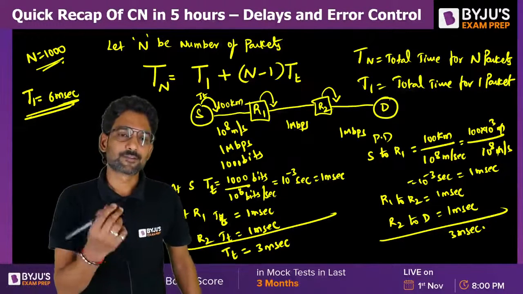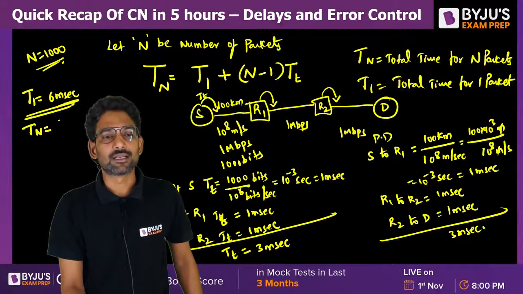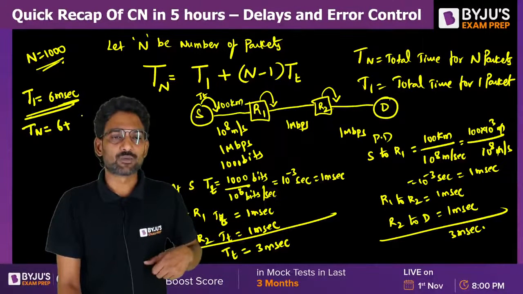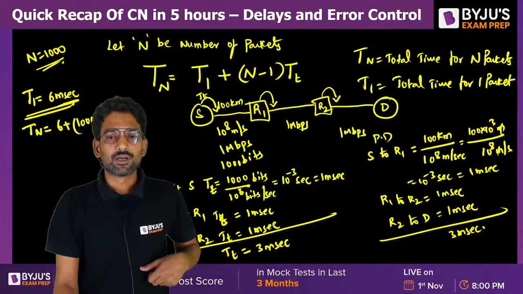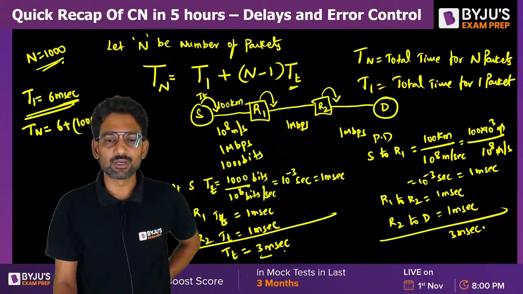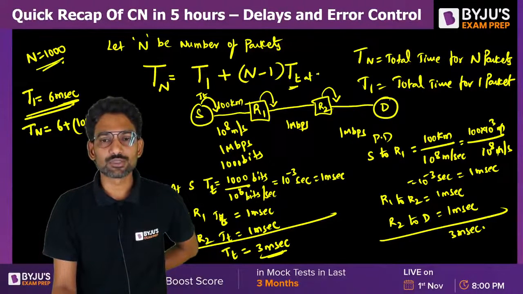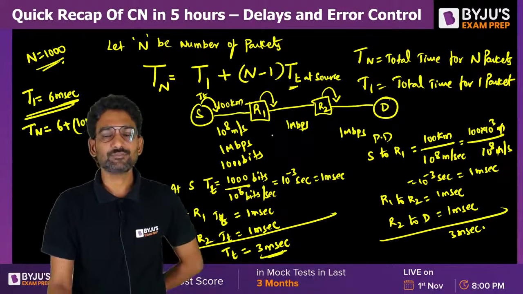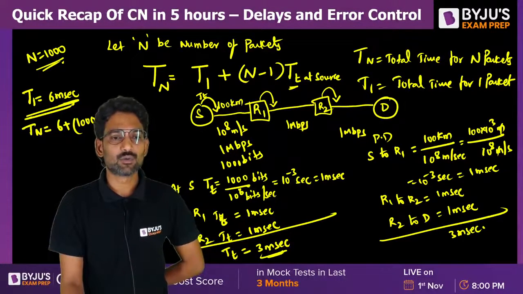Right? So now you calculate the total time for 1000 packets. That is 6 plus the remaining packets, 1000 minus 1, times the transmission delay. What is Tt? Tt doesn't mean the total of 3 milliseconds. It is Tt at the source, guys, which is 1 millisecond.